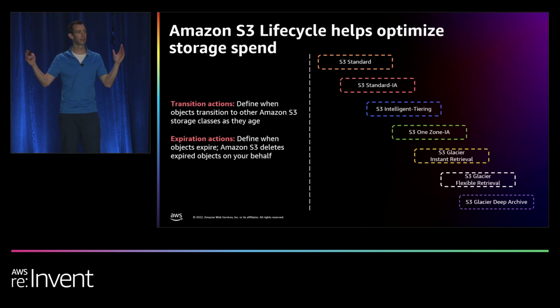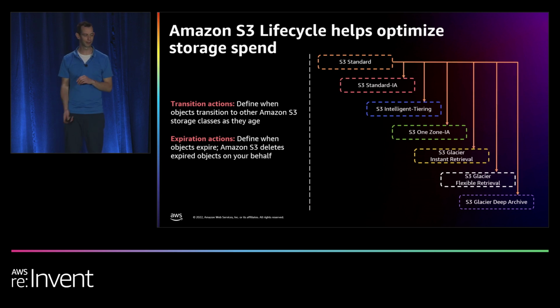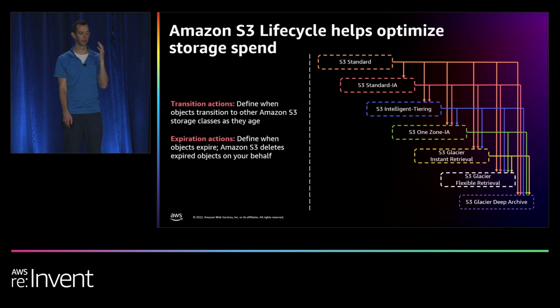You've got just such a wide selection of storage classes, whether it's standard and intelligent tiering, the infrequent access storage classes, and then Glacier. So being able to move data, and we've got a number of arrows here to show it visually, but moving data from standard. You can even move from standard and frequent access and save more. You've got intelligent tiering, one zone infrequent access, Glacier Instant Retrieval, and Glacier Flexible Retrieval. Lifecycle can manage all those transitions for you, and you can set up rules. It's automatic. It's one less thing for you to think about.